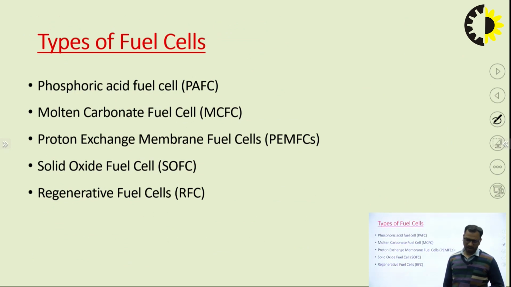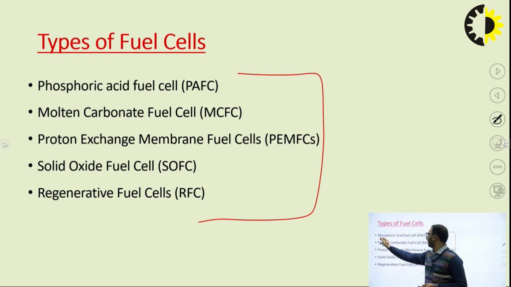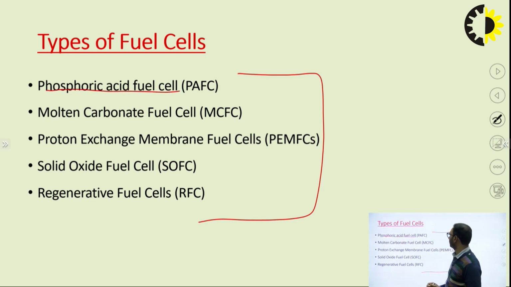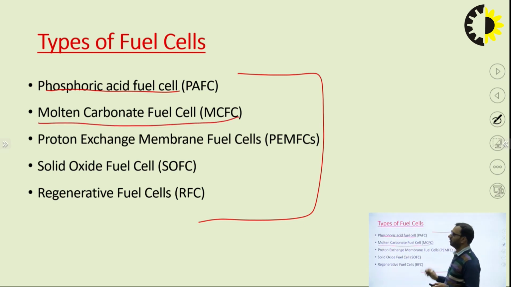Now I will discuss different types of fuel cells. There are four types of fuel cells. First is phosphoric acid fuel cell, in short PAFC. Second is molten carbonate fuel cell, MCFC.